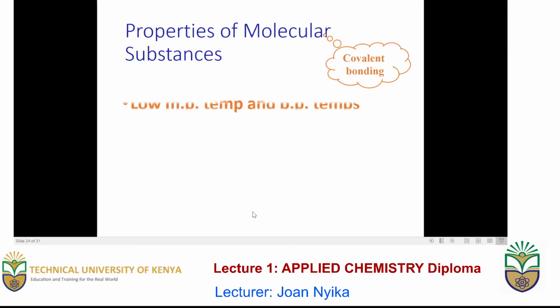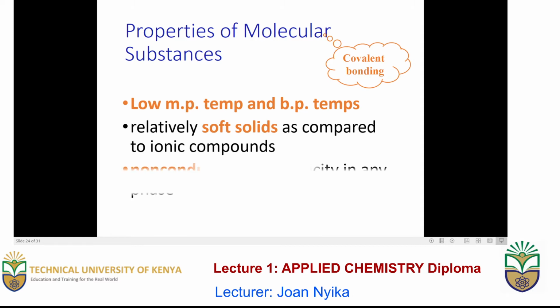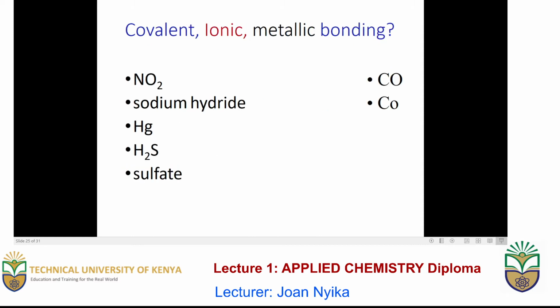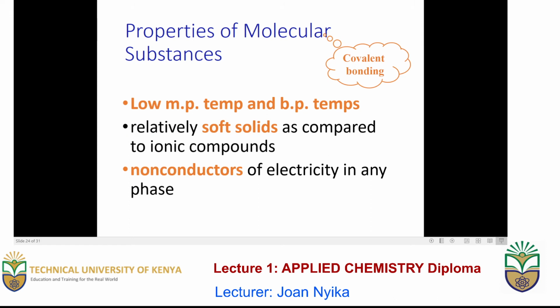Then we need to look at the properties of various molecular substances, that is, various substances that result as a result of covalent bonding. They have a low melting point temperature and low boiling point temperature, and they are relatively soft compared to ionic compounds.